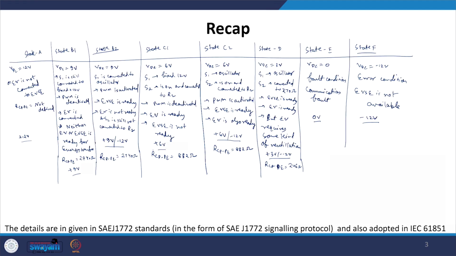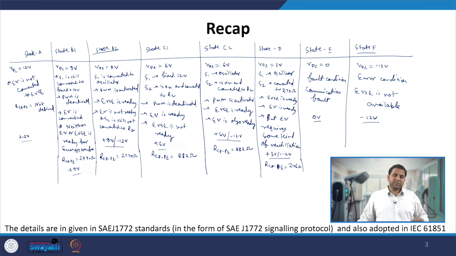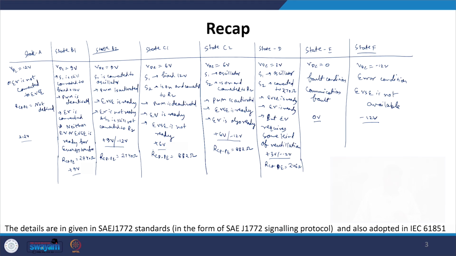If we see, there are different states. We have state A, where the VDC voltage, which is the positive voltage level of the PWM being sensed inside the EVSE, is actually 12 volt, and it indicates the EV is not connected to the EVSE. The resistance between the CP and PE pin is not defined, since they are not connected, and at this point the S1 switch is connected to the constant plus 12 volt.